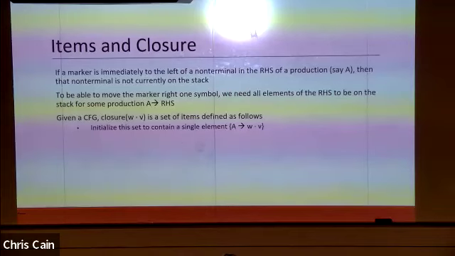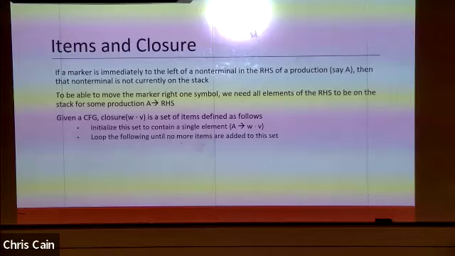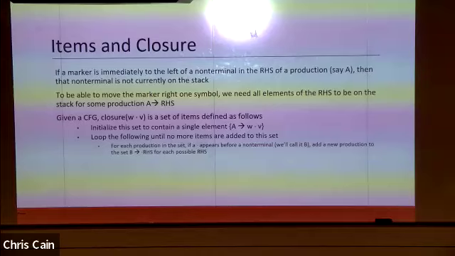It's going to contain a single element, A arrow W dot V. And that's the closure of W dot V. So it's going to contain that element. We're in a loop until no more items are added to the set. For each production in the set, if a dot appears before a non-terminal, we will add a new production to the set, B arrow dot, the right-hand side for every possible right-hand side.